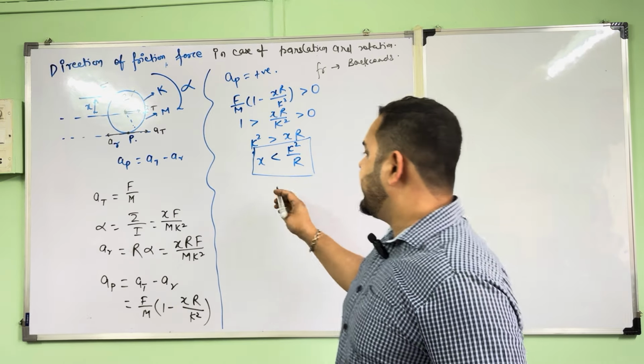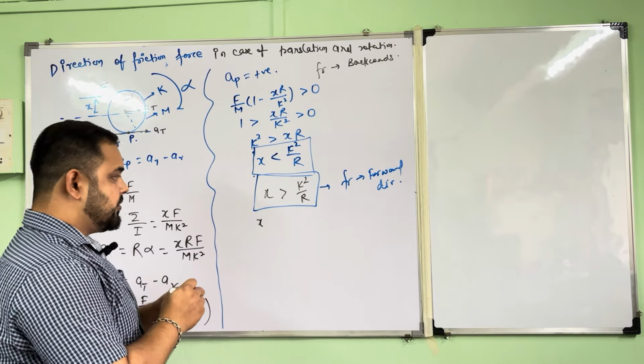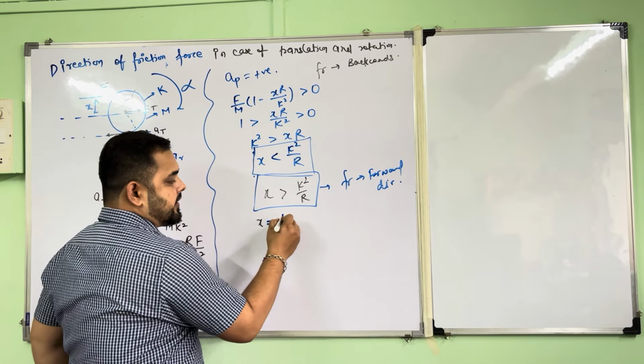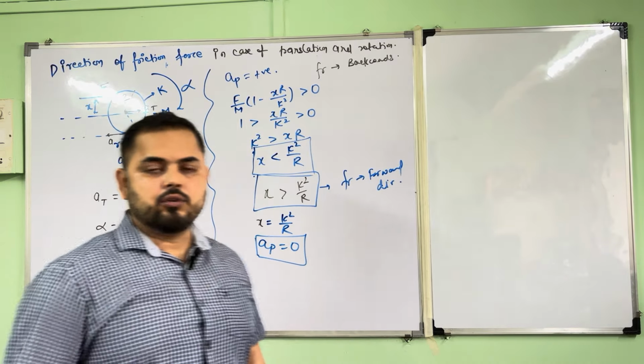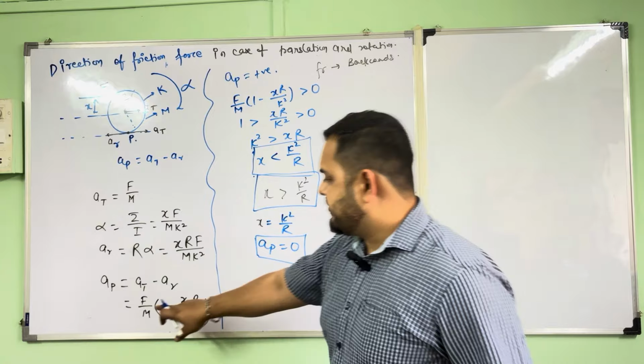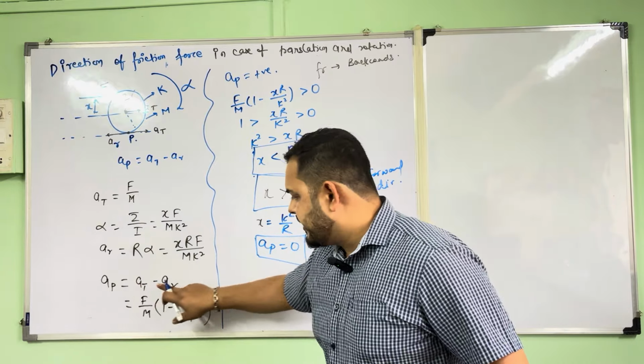What happens if x is k square by R? If you put x equal to k square by R, then it is 1 minus 1, that is, the acceleration of P equals 0, meaning AT equals AR.